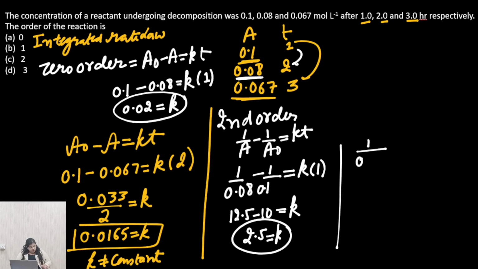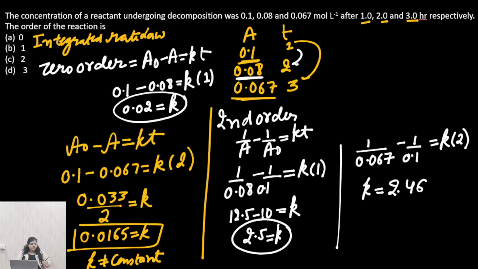Now the remaining concentration you can take as 0.067. The initial one is 0.1. This is equal to the rate constant K into the time span of 2 hours. In that case, the rate constant value you will get is 2.46 something. So this is approximately equal to 2.5 only, not much difference between these two.